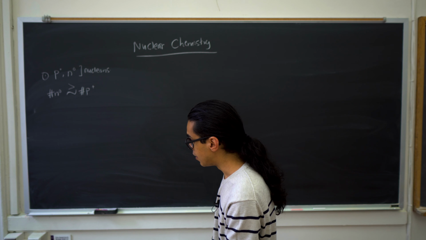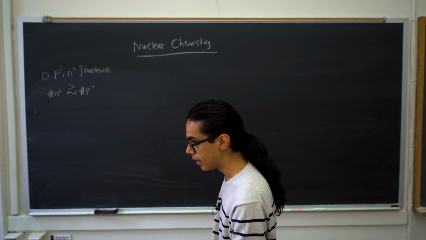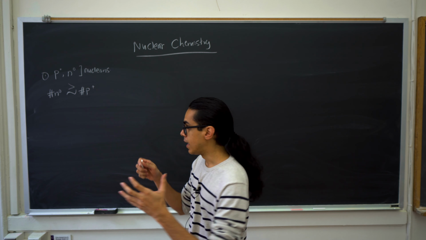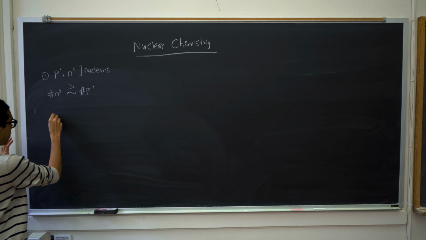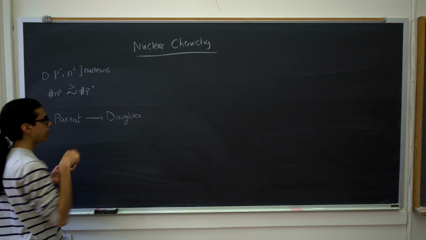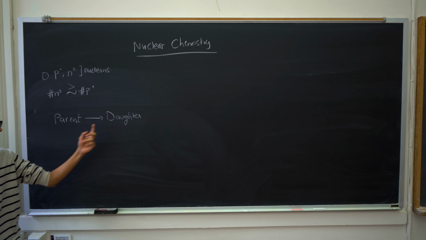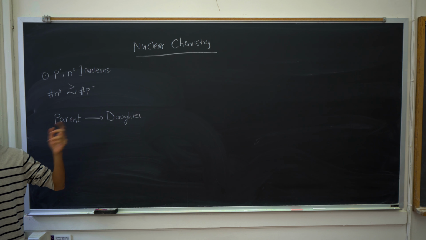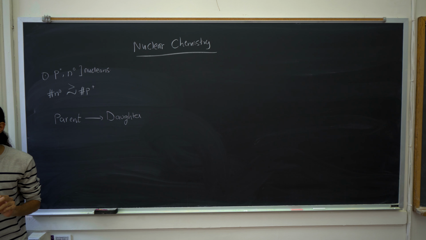When a nucleus breaks up, you have a parent nucleus that breaks up into a daughter nucleus, right? It's a heavy one, then a slightly lighter one. And it does this by emitting some small particles, right?